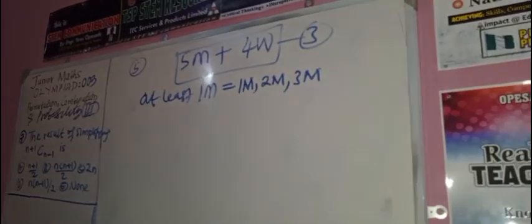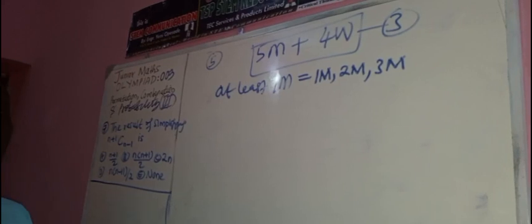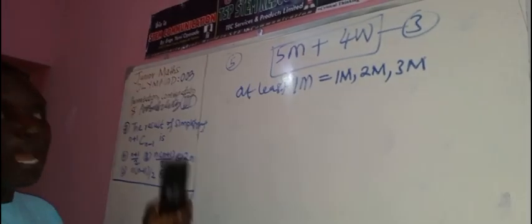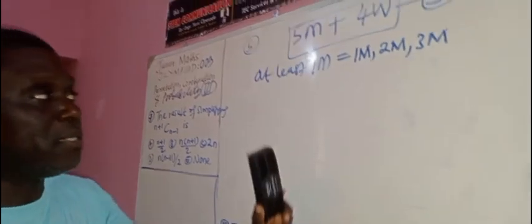So that means I can have one man, I can have 2 men, I can have 3 men. Of course, I cannot have more than 3 men because the total to be picked is 3. So I can pick 1 man, 2 men, 3 men.